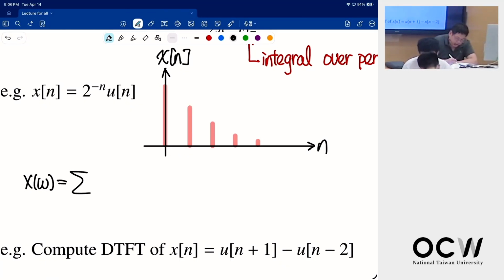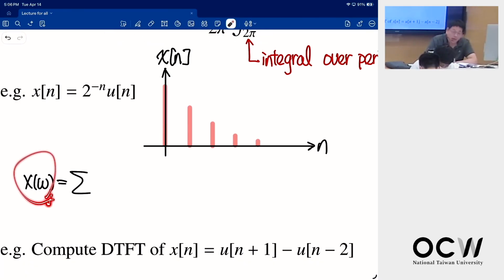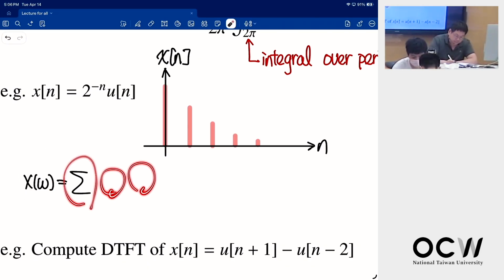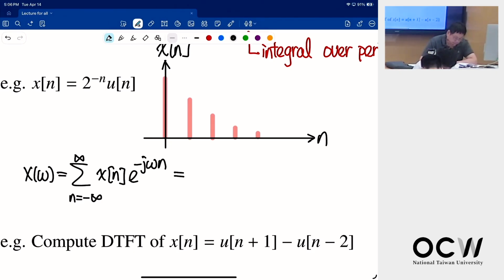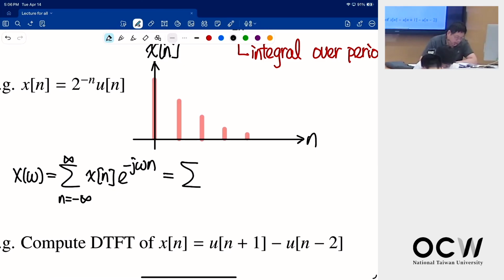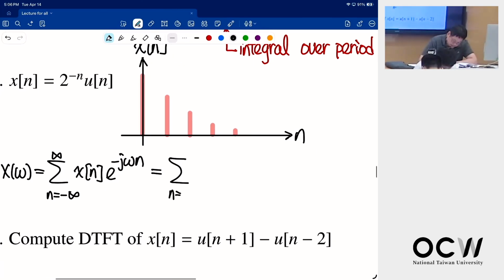So the discrete time Fourier transform, this one you can also think about like a coefficient. How can I get the coefficient? Signal times your basis. Your signal is 2 to the minus n, a unit step function, times e to the minus j omega n.